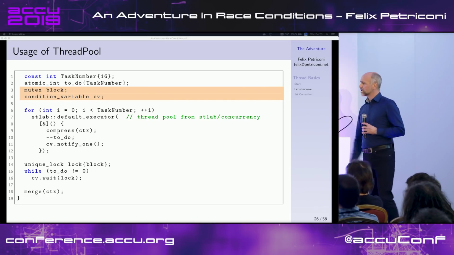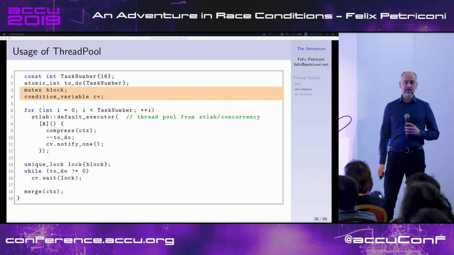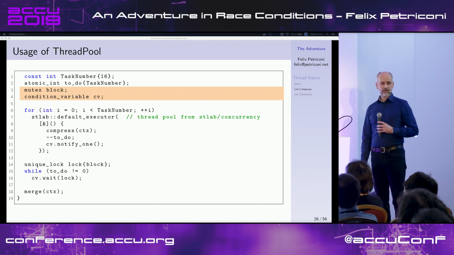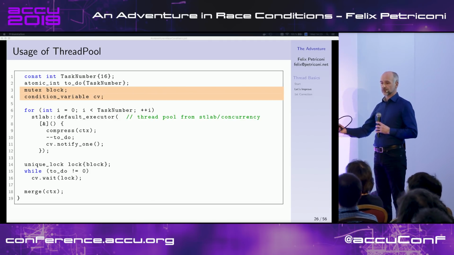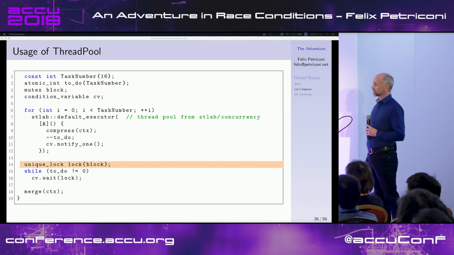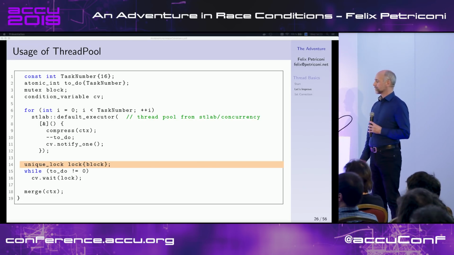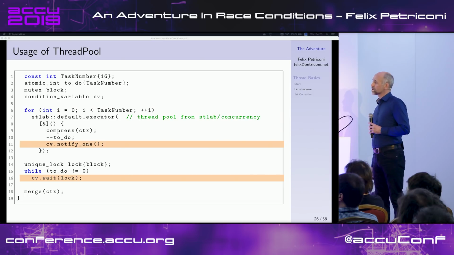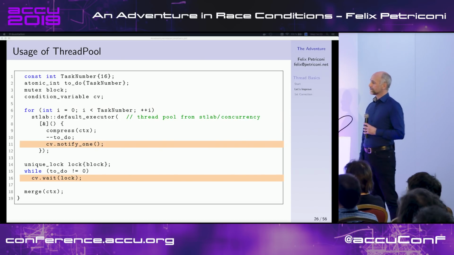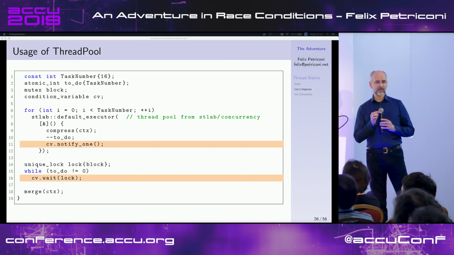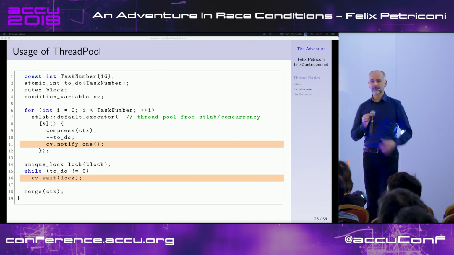But we have to block the main loop at this point so that it does not continue. For this, we use a unique lock in combination with a condition variable. Who is not familiar with the functionality of a condition variable? Okay.